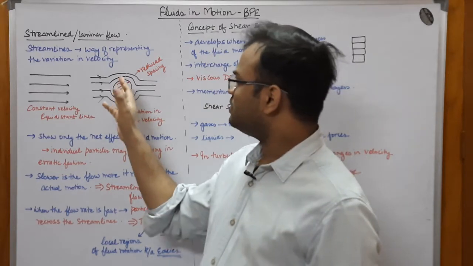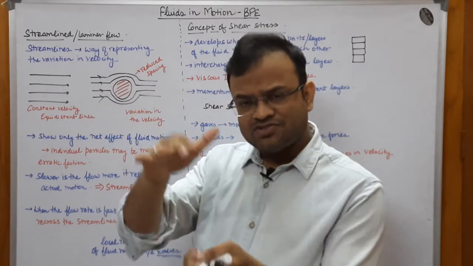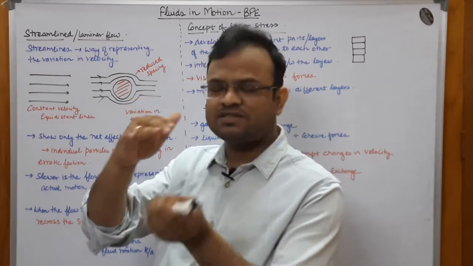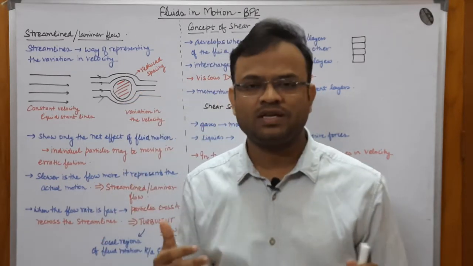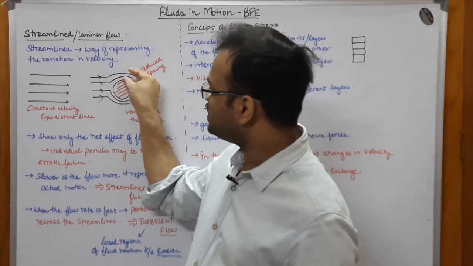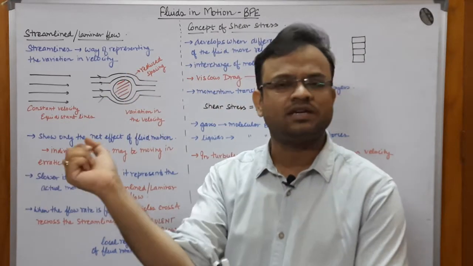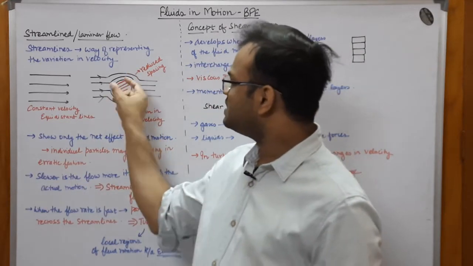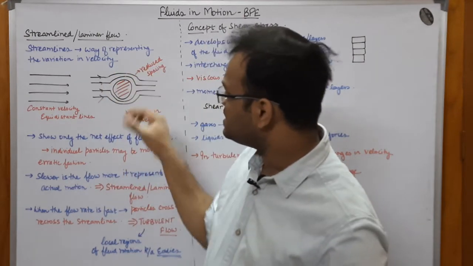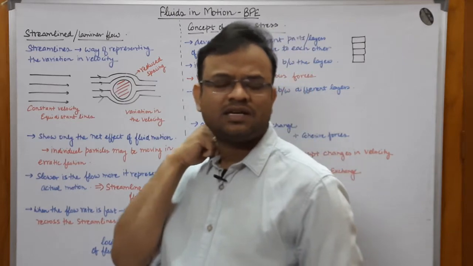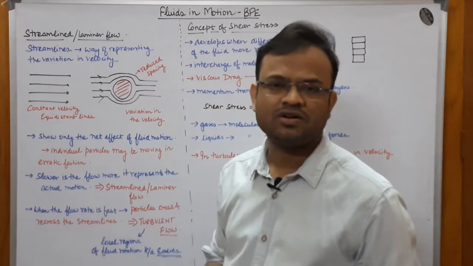Because the spacing between these lines is decreasing, it simply means that variation is seen in velocity.